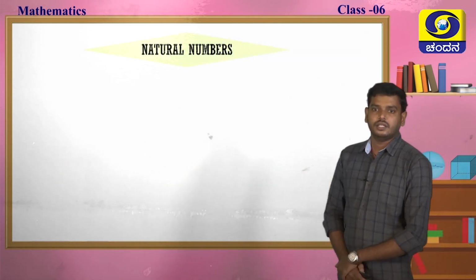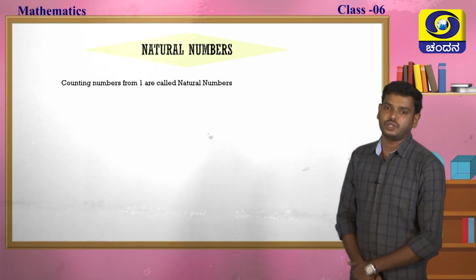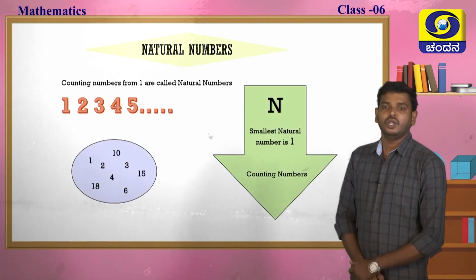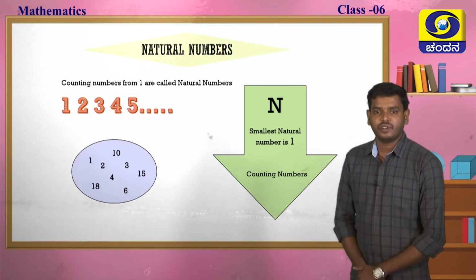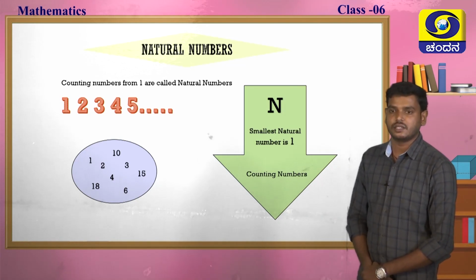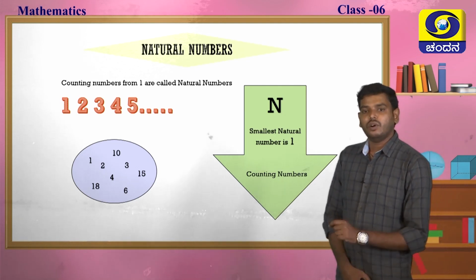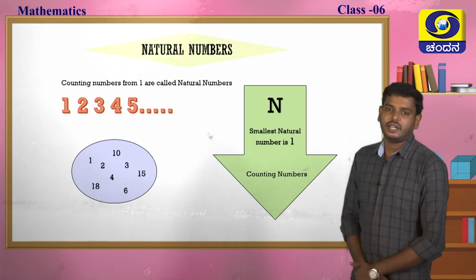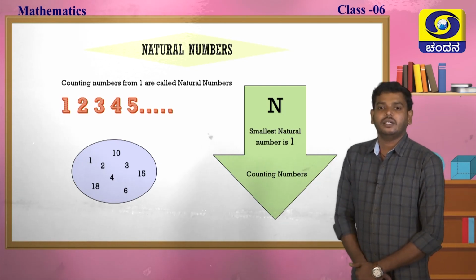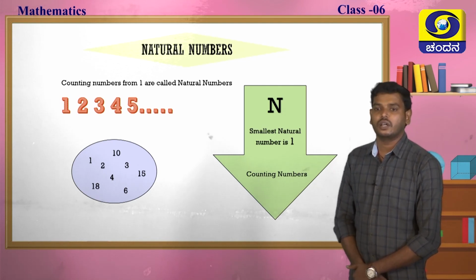See now, counting numbers from 1 are nothing but natural numbers. Counting usually starts from 1, and the numbers 2, 3, 4, etc. are called natural numbers. You are already familiar with the numbers starting from 1, and we are going to call them natural numbers, also called counting numbers.